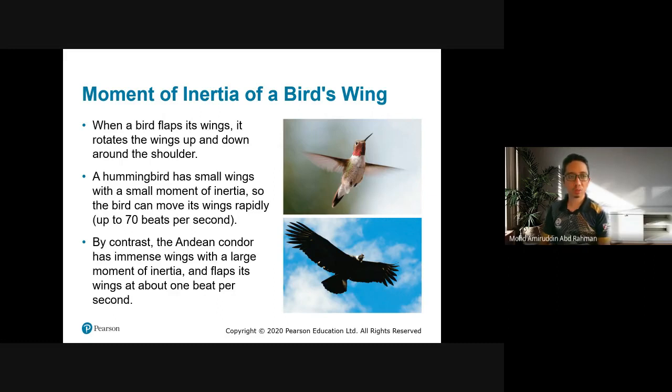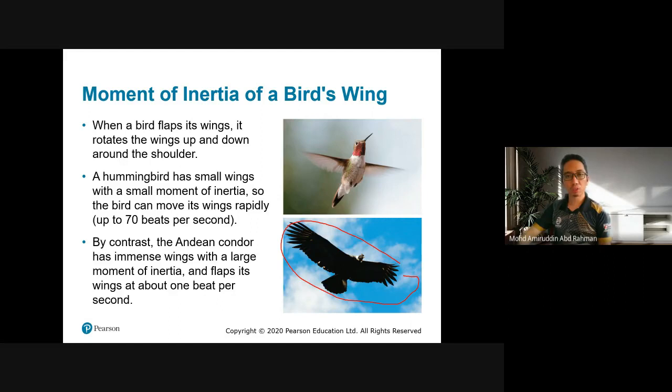Inversely, we have the Andean condor, this black one, like an eagle, which has immense wings with a large moment of inertia, and flaps its wings about 1 beat per second. So you can see the difference.